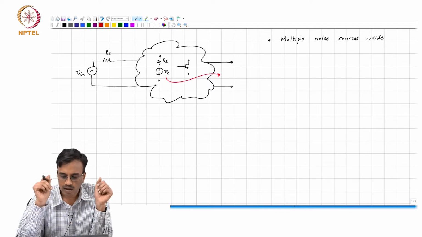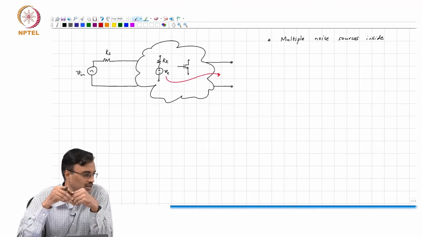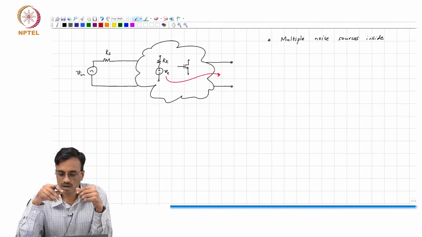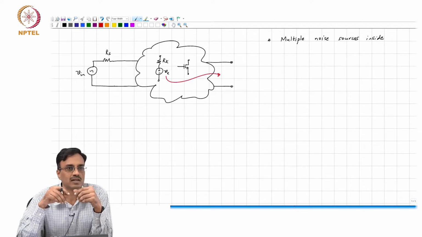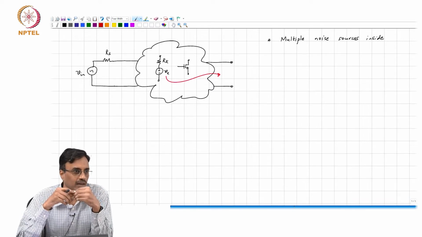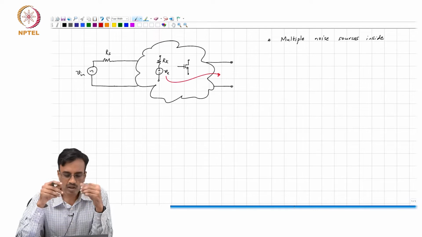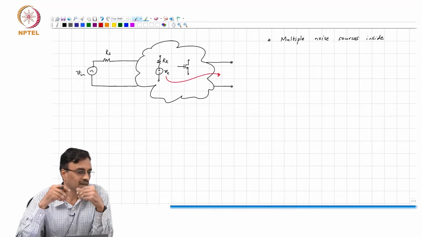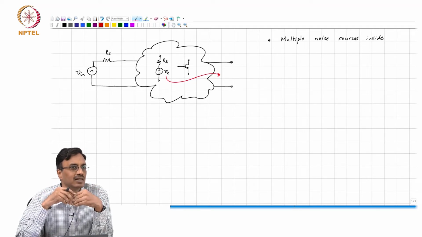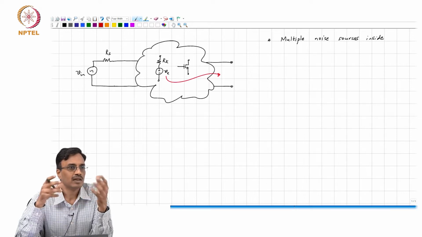Now, as we were discussing yesterday, when you are giving this block away to somebody else for use, the other person is probably not really interested in the gory details of what is going on inside the box. He or she is more interested in figuring out how this amplifier or filter or whatever affects the signal to noise ratio of my signal.